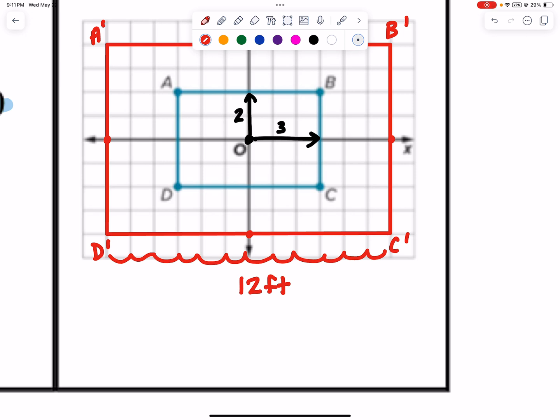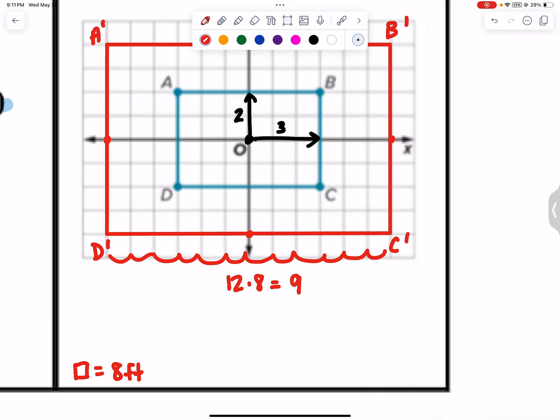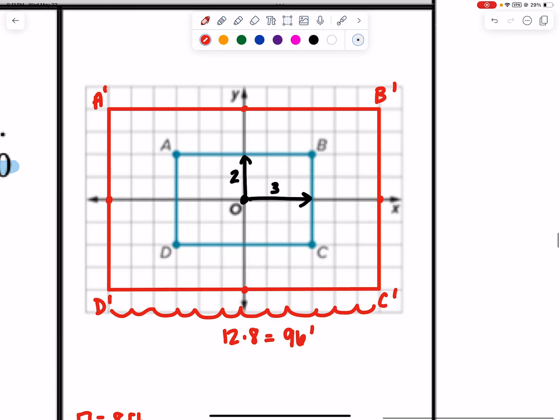But it's not really 12 feet, remember? It's just 12 spaces, and each space is 8 feet. So remember, each square equals 8 feet. So really, I have 12 times 8, and 12 times 8 is 96 feet across. And then what are we at now?